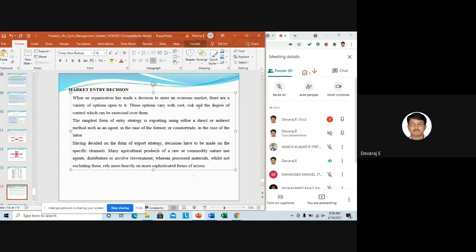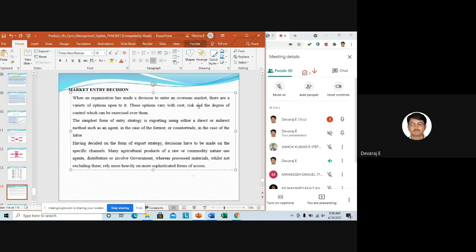Whenever you are entering or selling your product to the market, whether in India or outside, you should take certain decisions. When should I supply the product to the market? How much is the cost? How much will I be taking to supply the products? All these things will come in market entry decision.